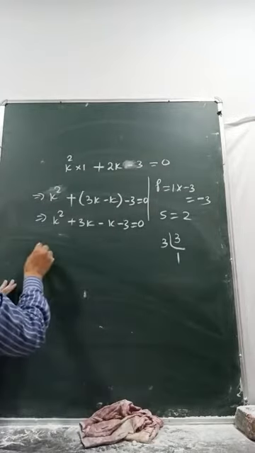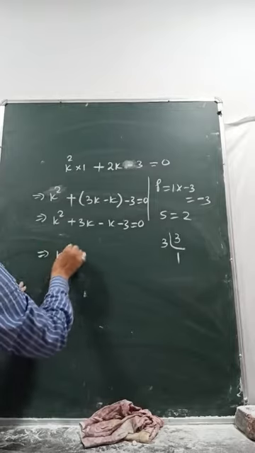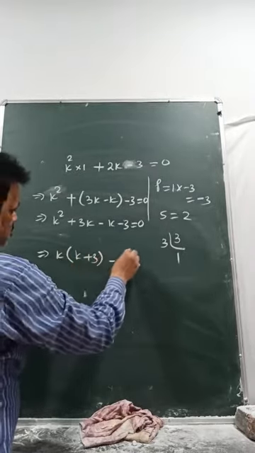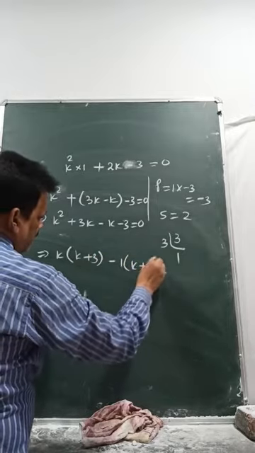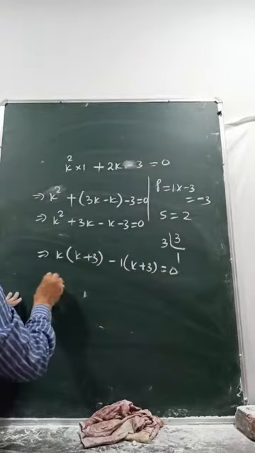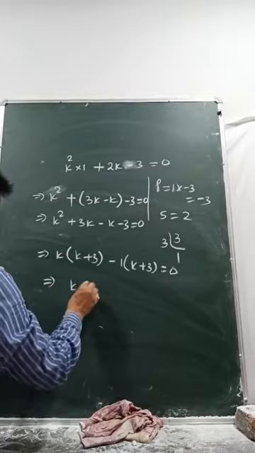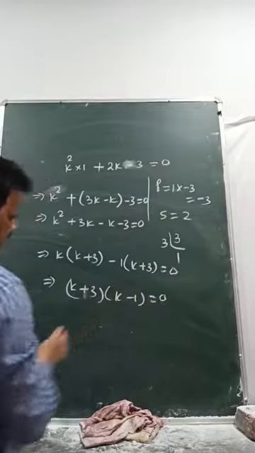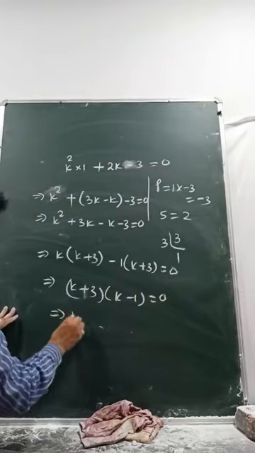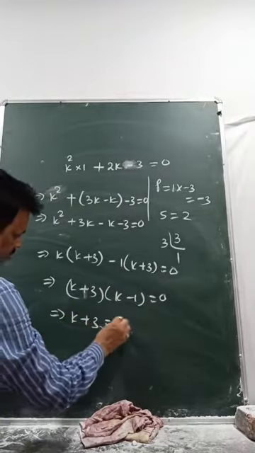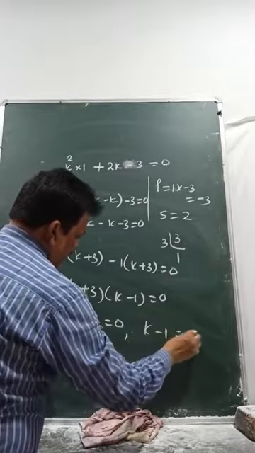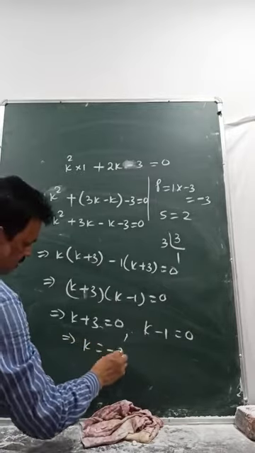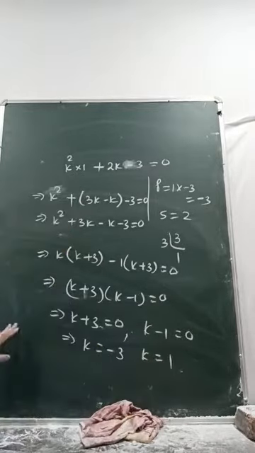Then you will get k common, k plus 3, minus 1 common, k plus 3 equals 0. This implies k plus 3 into k minus 1 equals 0. So k plus 3 equals 0, k minus 1 equals 0. k equals minus 3, k equals 1.